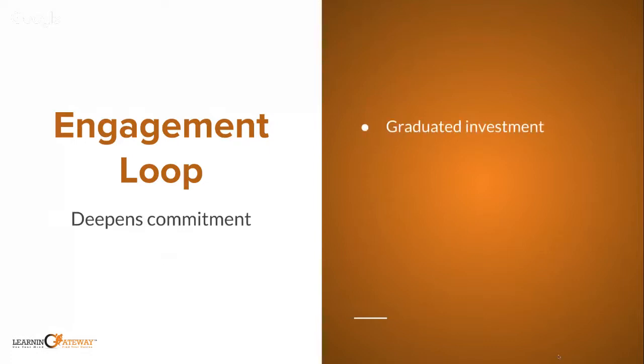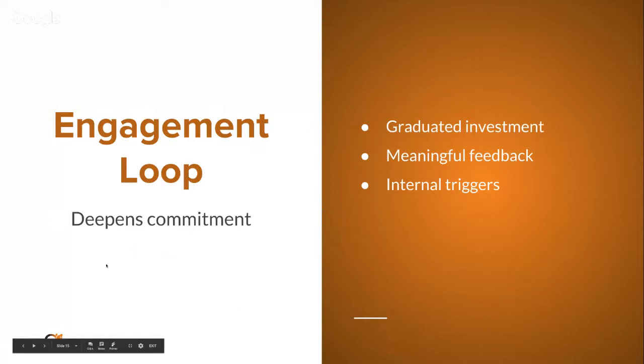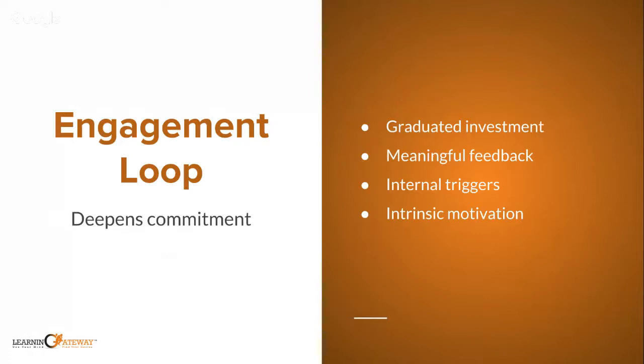So what engagement loops have going for them by way of characteristic is they are graduated investments. They provide meaningful feedback, internal triggers. These are the characteristics of an engagement loop. And they're key to intrinsic motivation. So these are the things that you're thinking about.